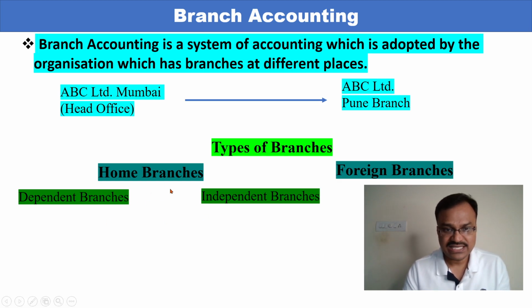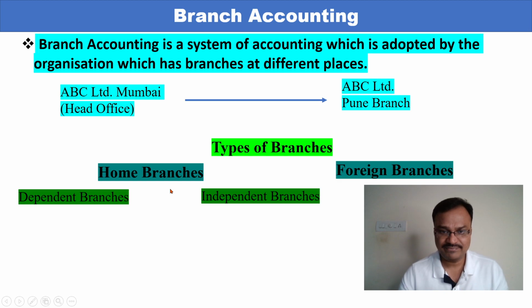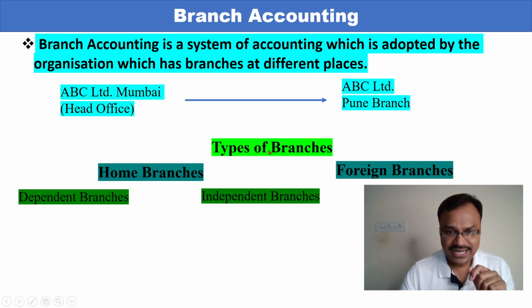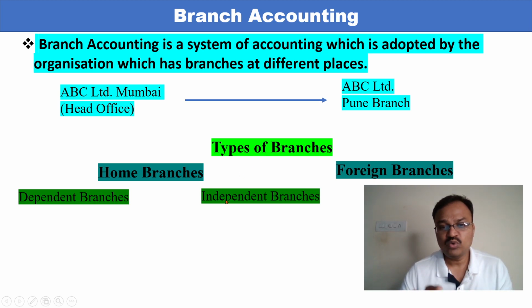See, here home branches are classified as dependent branches and independent branches, right? And generally, as we discussed, a branch is opened by a business organization to earn profit, but to ascertain the profit or loss of that branch, accounts are generally maintained, right? In the case of independent branches, the books of account are maintained by that branch.